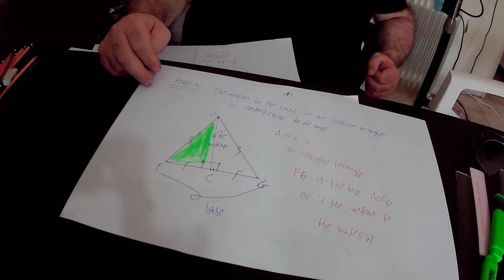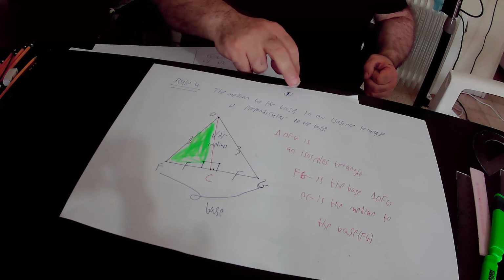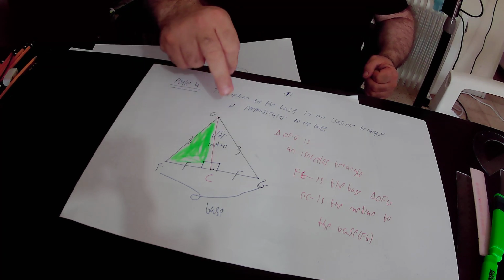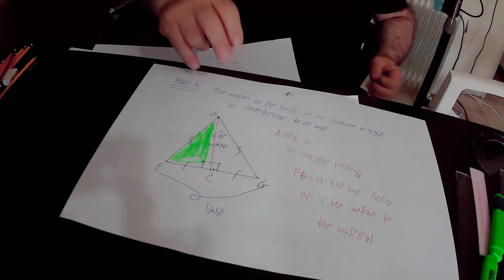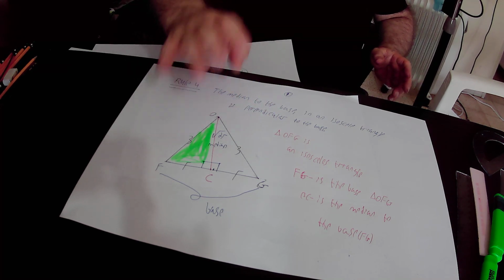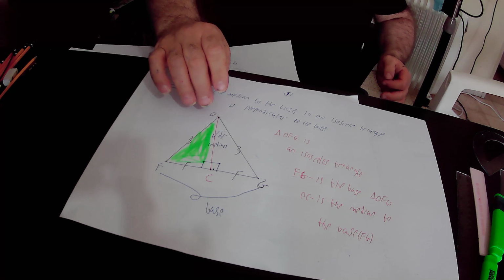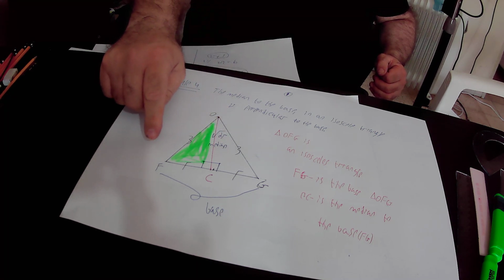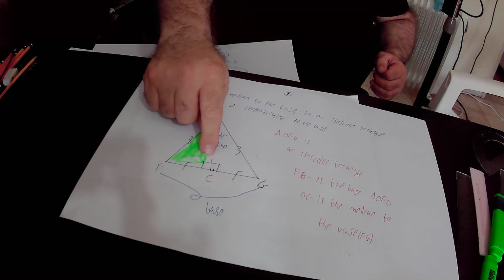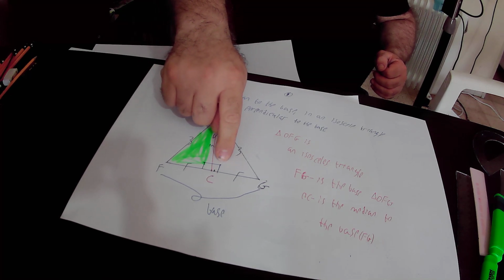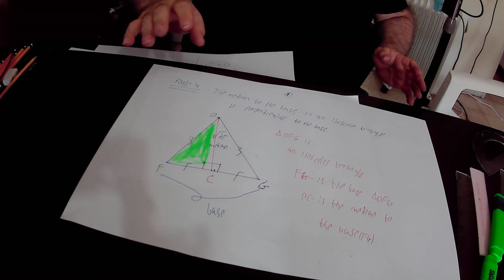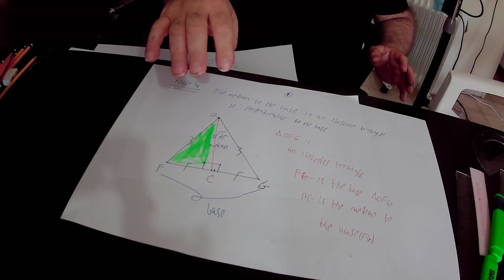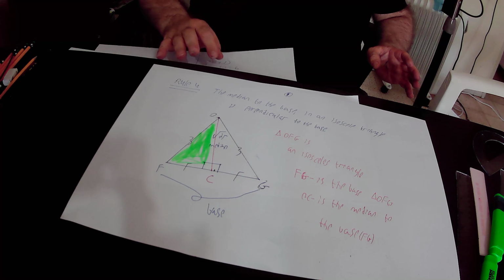According to rule number 4, the median to the base, that is OC, in the isosceles triangle FOG is perpendicular to the base FG. That is to say, this angle equals 90 degrees, and this angle will also equal 90 degrees. Okay, so really this is the implementation of rule number 4 in our drawing.